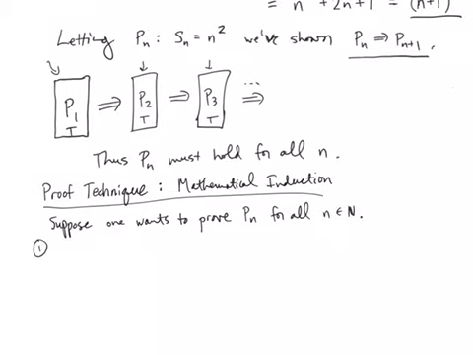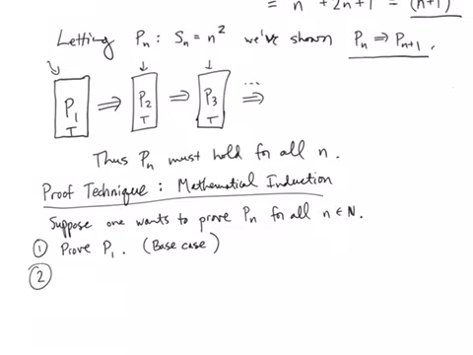Then the first thing you do is you prove P1. And this is called the base case of the induction. Okay, so you prove that you can knock down the first domino.